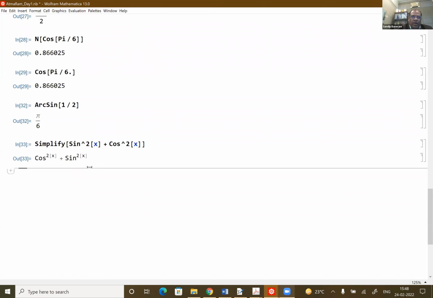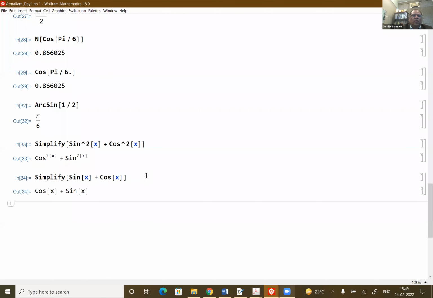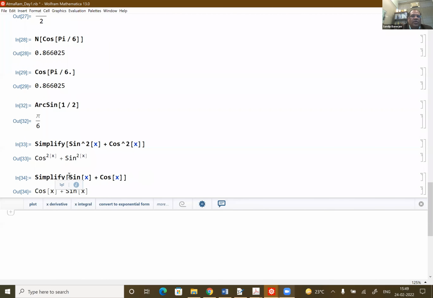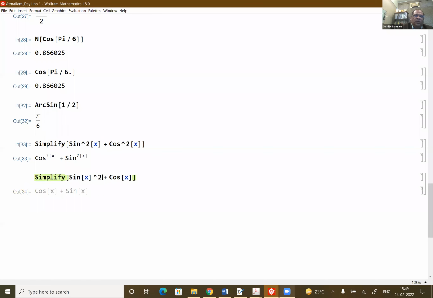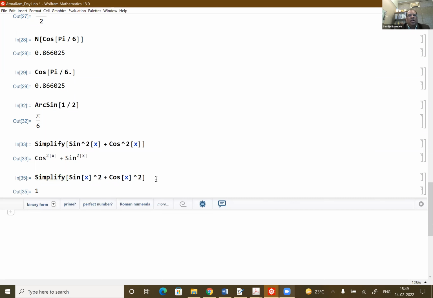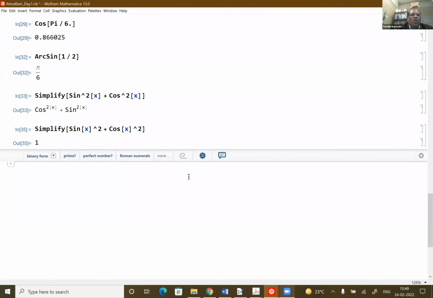So what you have to do is, this is your Sin[x], and this is your Cos[x]. Now you can see it is sine x and cos x. So I need a square: Sin[x]^2 plus Cos[x]^2. It will be read as sine square x plus cos square x, and we all know the answer. Now it's working. It gives 1. So syntax is very important. This is with Simplify.